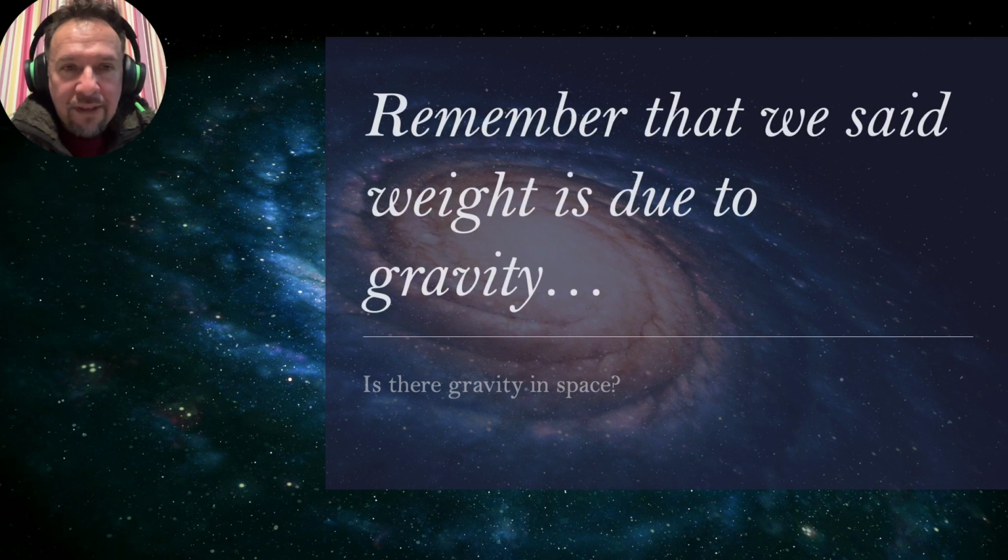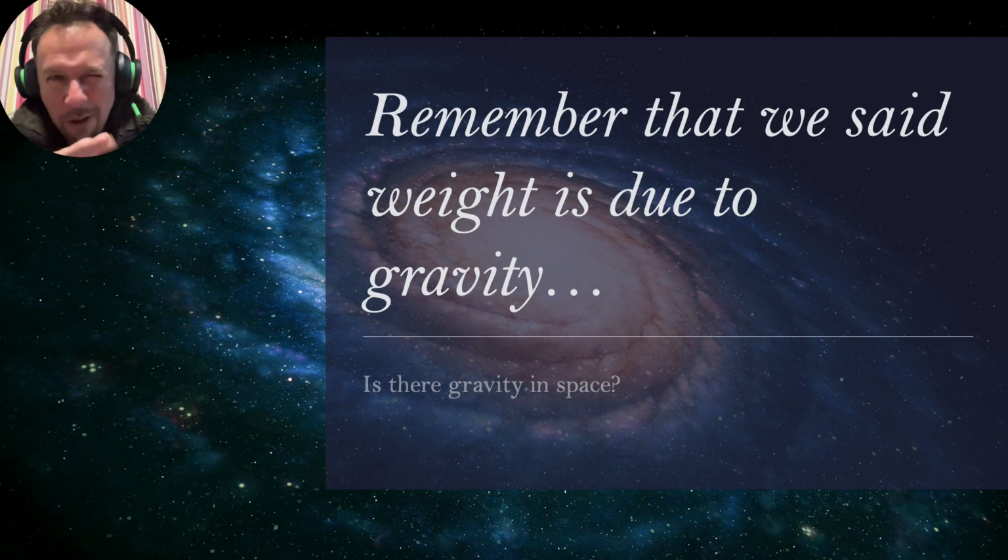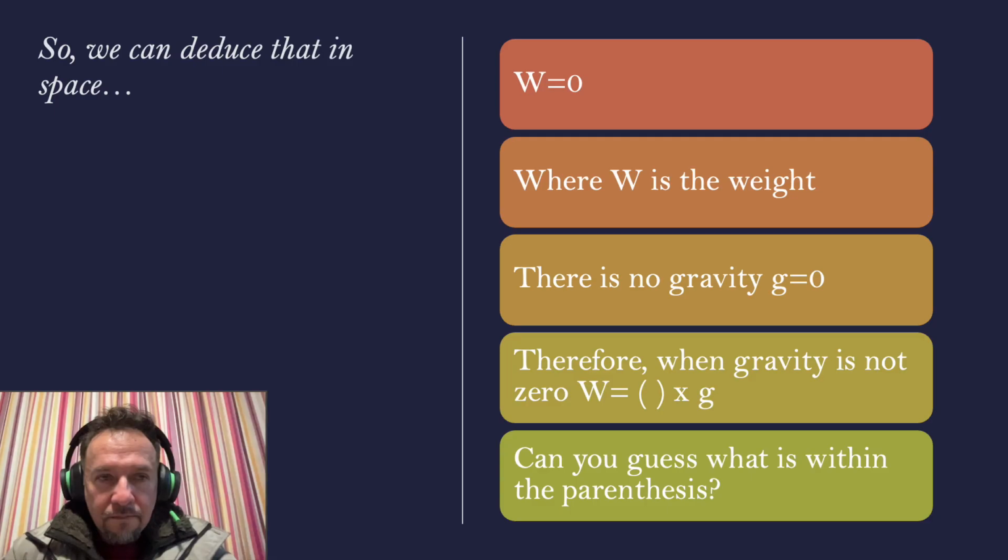So remember that we said weight is due to gravity. Is there gravity in space? Well, yes, okay, but it's almost 0. So we can deduce that in space, W is 0, where W is the weight. There is no gravity, so let's say g is 0.